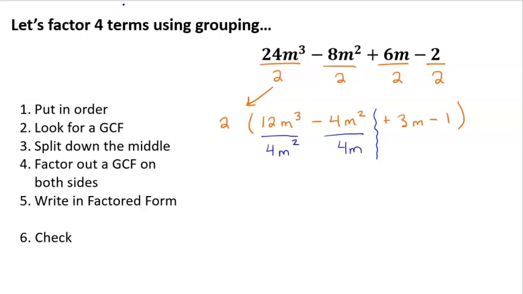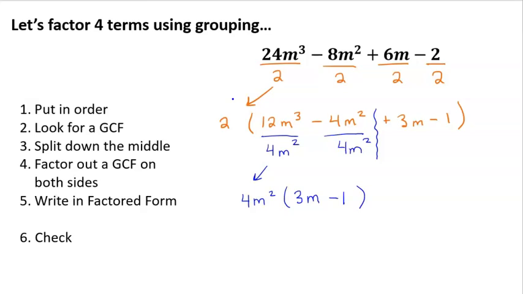My smallest exponent is a 2. So my 4m squared is going to go out here, and then I'm going to divide. 12 divided by 4 gives me 3. 3 minus 2 is 1. And then negative 4 divided by 4 is negative 1. And then those m's are going to cancel.